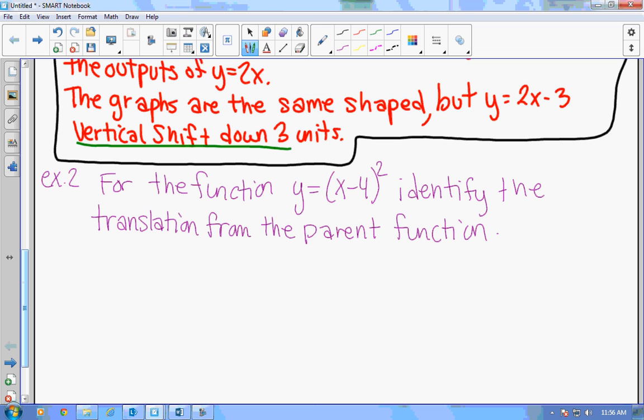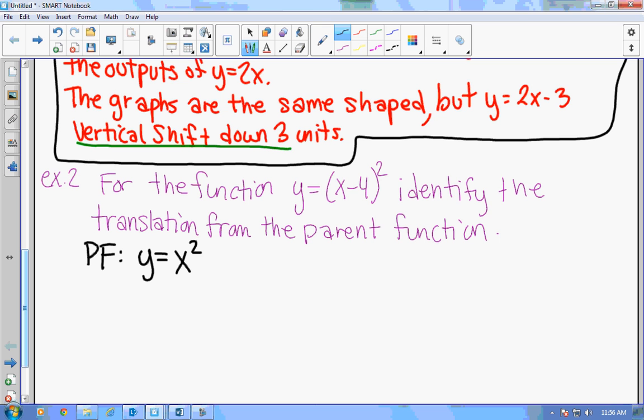Is it quadratic? Or is it the absolute value? It's quadratic. So what's the parent function of the quadratic that we wrote down? Y equals x squared. So that's the most basic way we can write a quadratic.